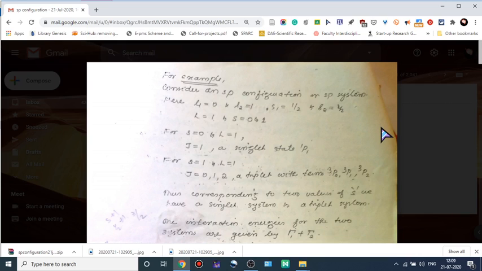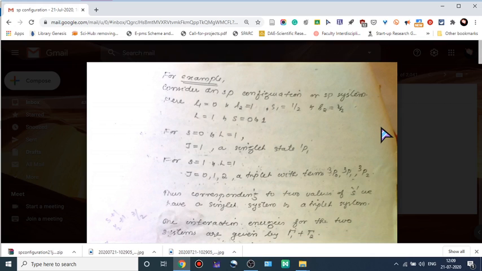Now find the total orbital angular momentum, that is L equals 1, for S equal to 0 and 1. So there are different possible ways to find the spectral terms. For S equal to 0 and L equal to 1, obviously J equals 1.